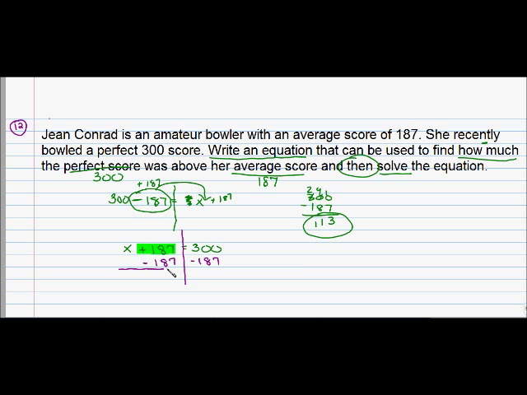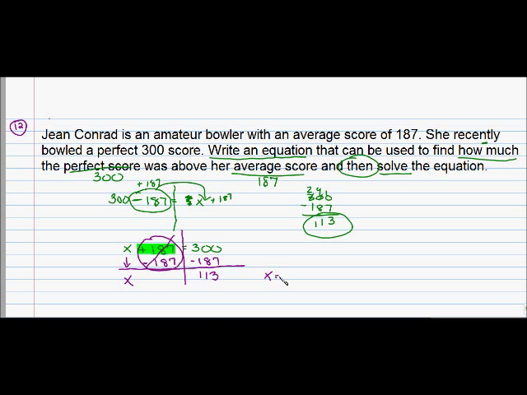I bring down my x, and you can use any variable you want. Positive 187 and negative 187 equals 0, so I cross that out. And I already solved it up here, so I know that x equals 113.